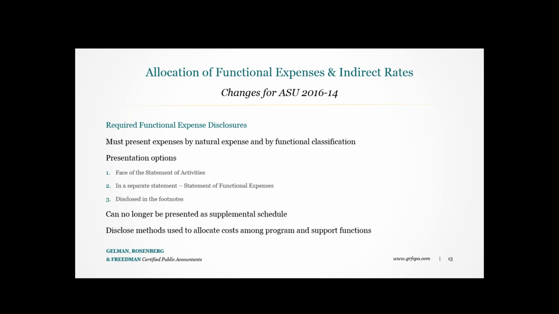So that would have to be moved up into the basic part of the financial statements. One of the other things that they have expanded on as now a requirement is to not only include this statement, but also to include a footnote on how the organization has allocated its costs.